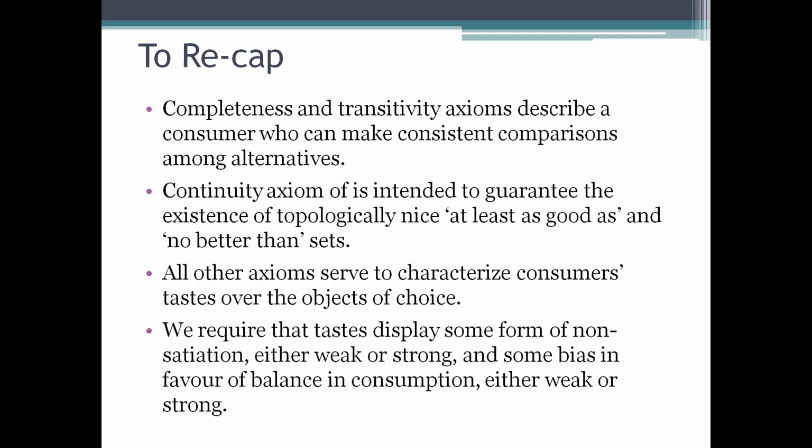We require that tastes display some form of non-satiation, either weak or strong. Non-satiation is the weak axiom, monotonicity is the strong axiom, and some bias in favor of balancing consumption, either weak or strong, is related to convexity.